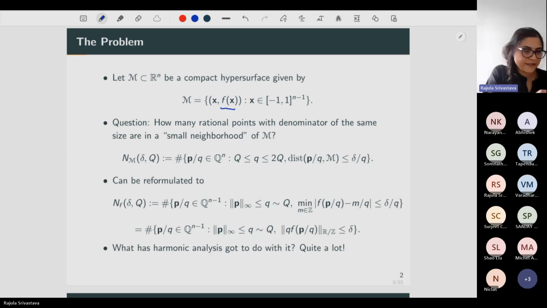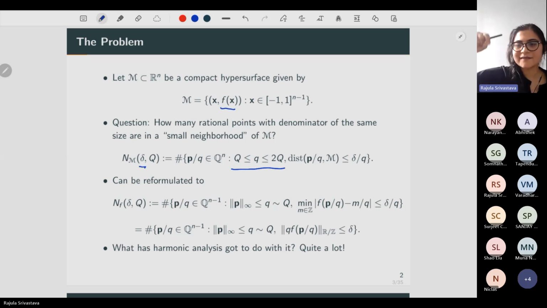I first have to make precise what I mean by the dyadic size of the denominator, which is denoted by the parameter big Q. Also, when I say a small neighborhood of my hypersurface, I have to quantify how near I'm getting to the hypersurface, and for that I have another parameter, delta. So delta measures how near you get to your hypersurface when counting these rational points, and Q measures the size of the denominator.